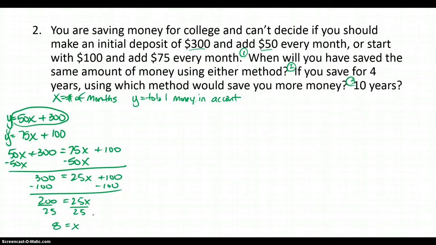Again, before I move on, I'm going to make sure I answer the question. And the question was, when will the amount of money be the same? Well, after 8 months, both accounts will have the same amount of money.